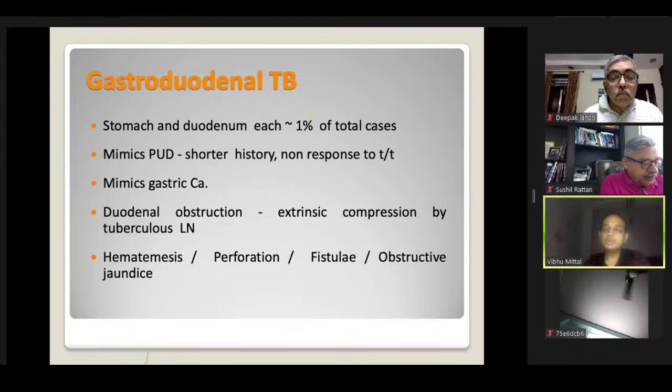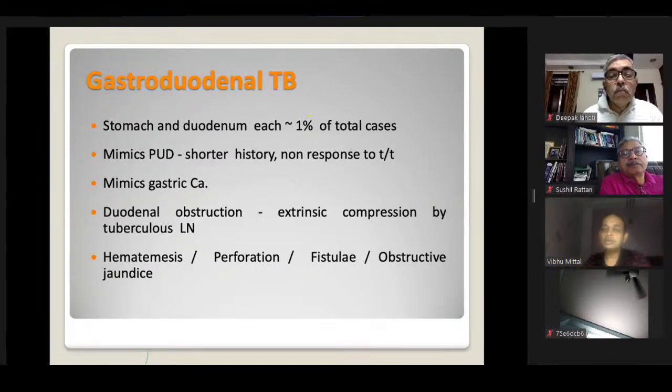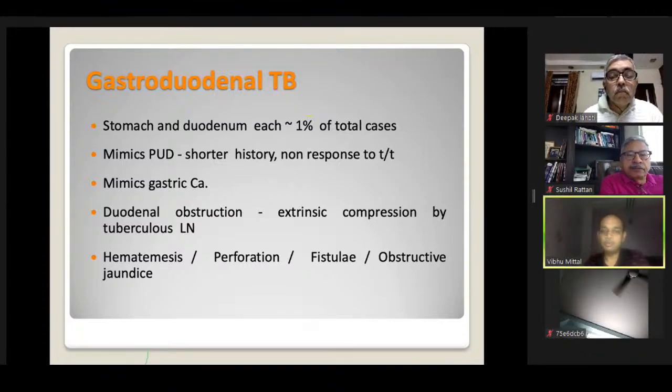Gastroduodenal tuberculosis: stomach and duodenum each contribute only around 1% of total cases. It mimics peptic ulcer disease, with a relatively shorter history, and the patient would not respond to PPI. It can mimic gastric cancer because it would be a non-healing ulcer, and many times it is missed at initial presentation.